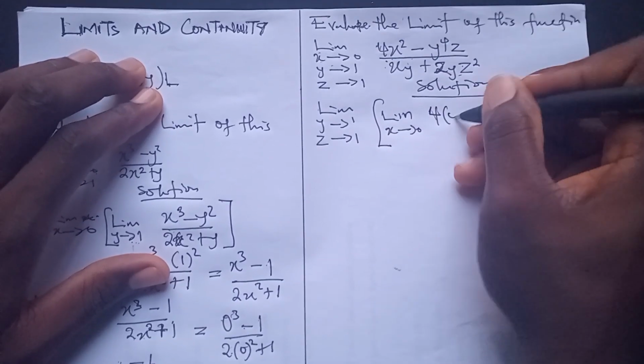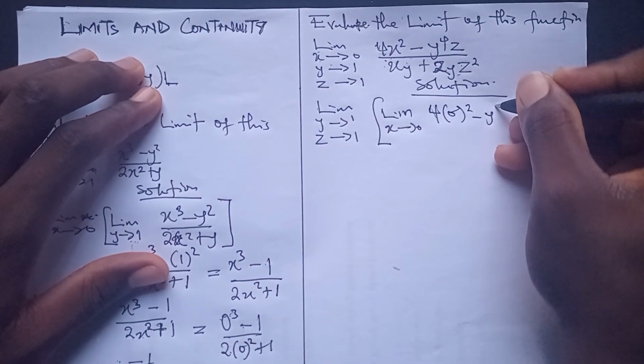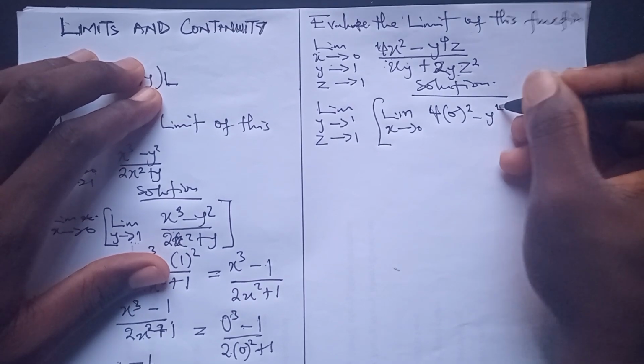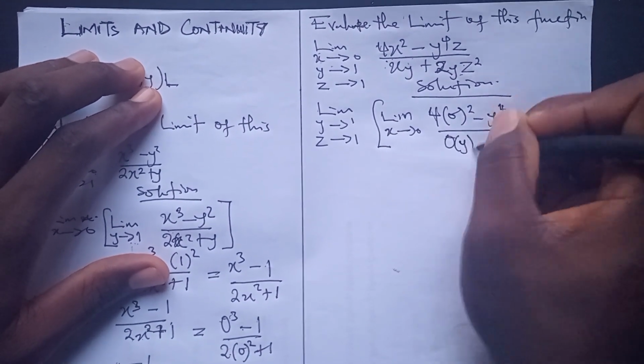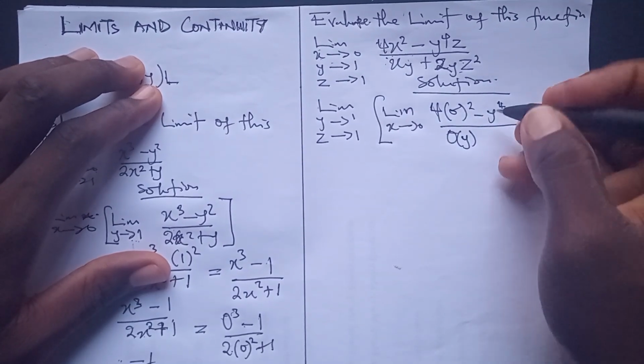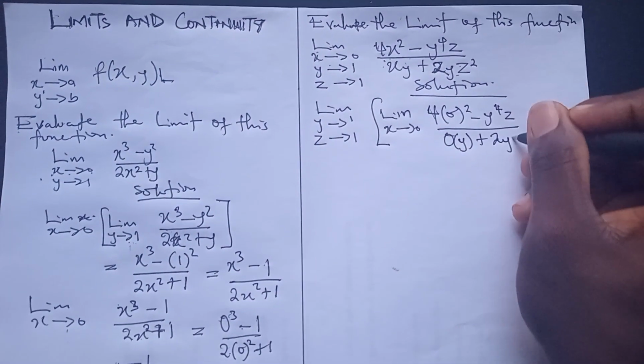So here where we see x, we put 0 squared minus y raised to power 4z over 0y plus 2yz.